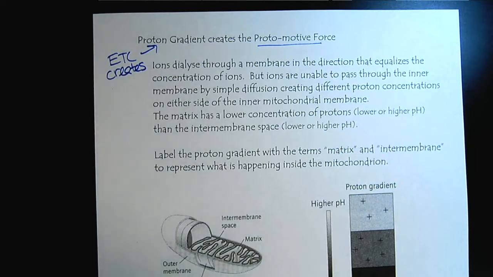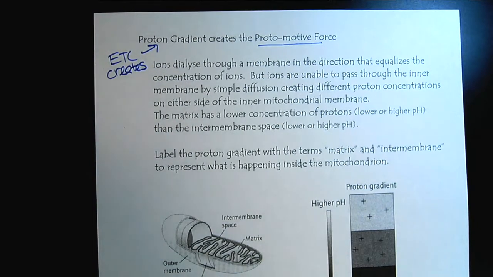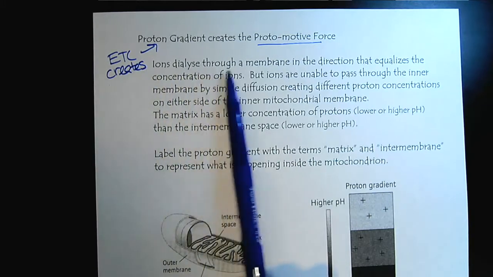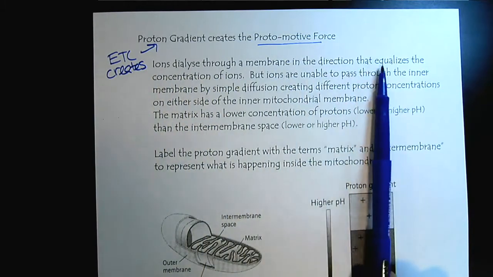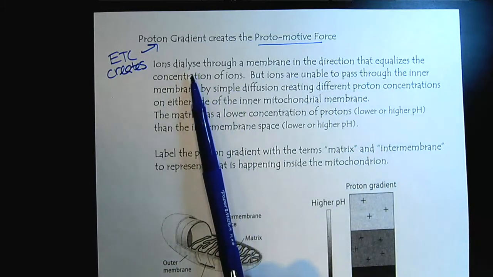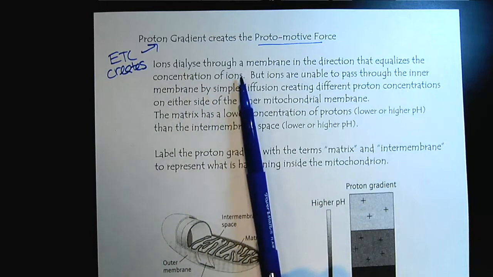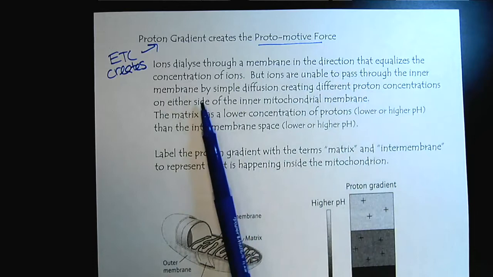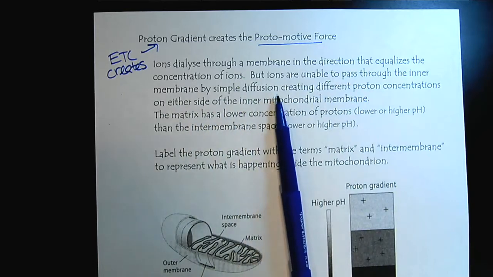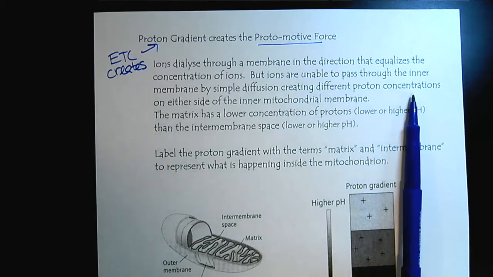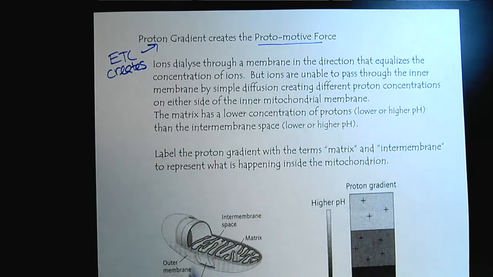We'll look at it conceptually, and then we'll get to the nitty-gritty details. Ions diffuse through the membrane in a direction that equalizes the concentration of ions. So that's the normal flow, high concentration to low. Ions are unable to pass through the inner membrane by simple diffusion, so that creates the proton concentration differences on either side of the inner membrane.